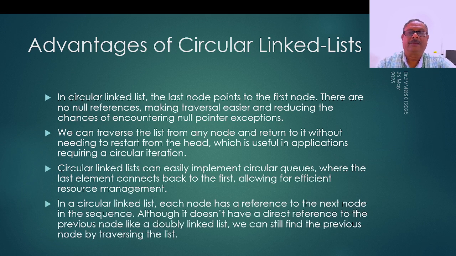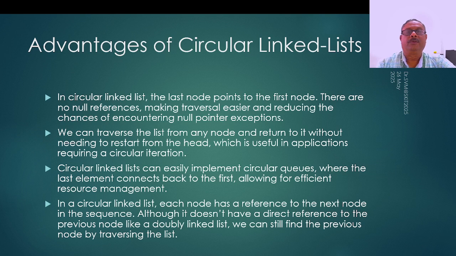Each node has a reference to the next node in the sequence. Although it doesn't have a direct reference to the previous node, like a doubly linked list, we can still find the previous node by traversing all the way. In a singly linked list, if we wanted to go back, it was not possible. But now it is possible if we know that our linked list has n elements.